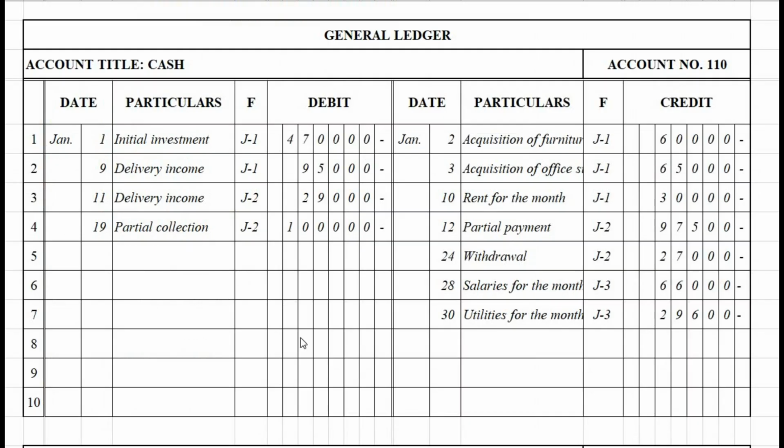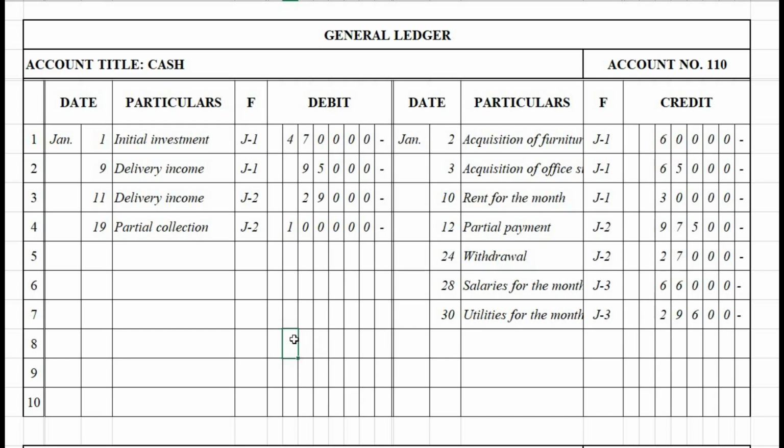So for step 2, you have to compute the account balance. So how do you do that? First, you have to get the total of your debits and your credits.